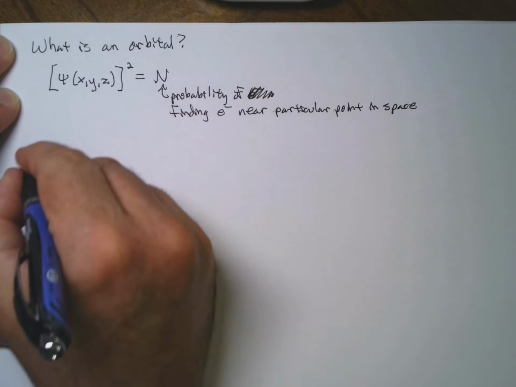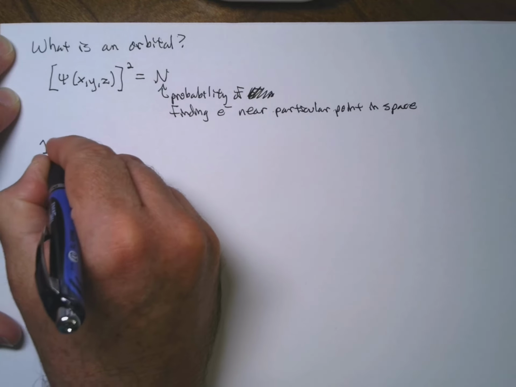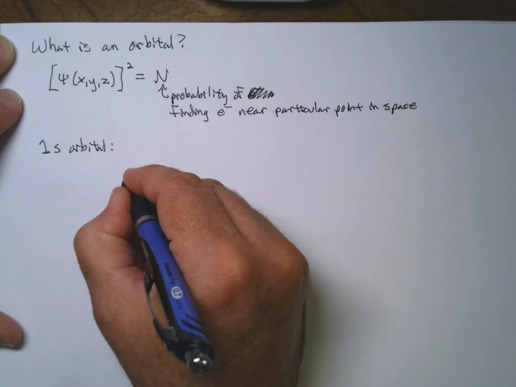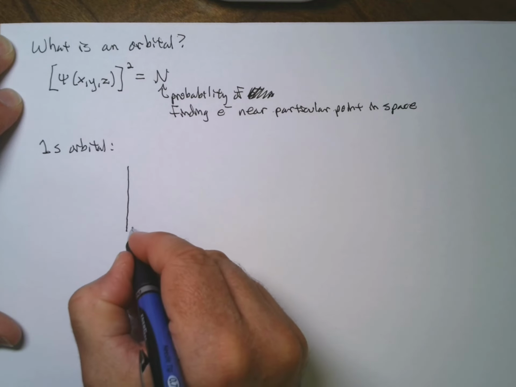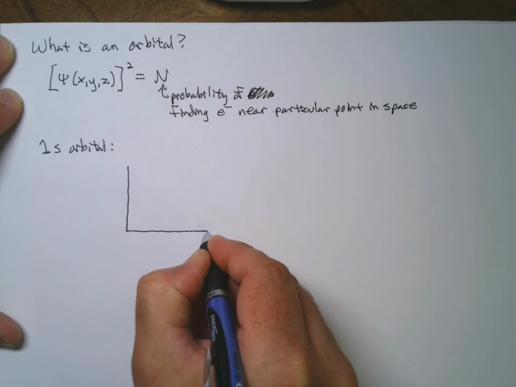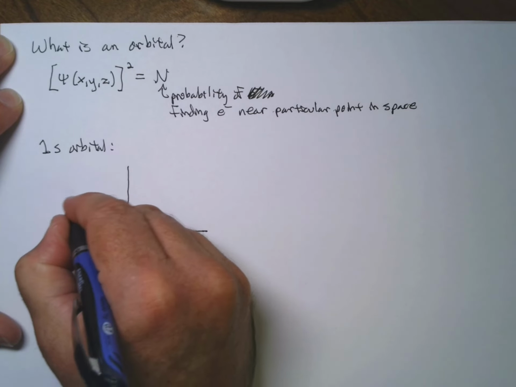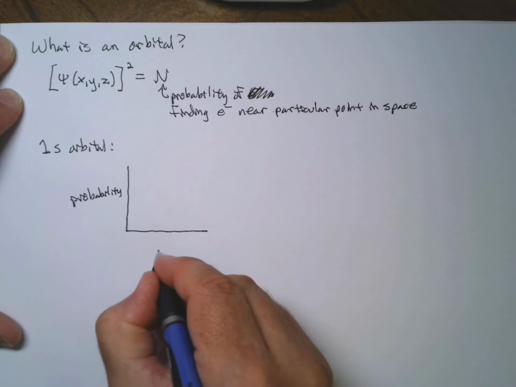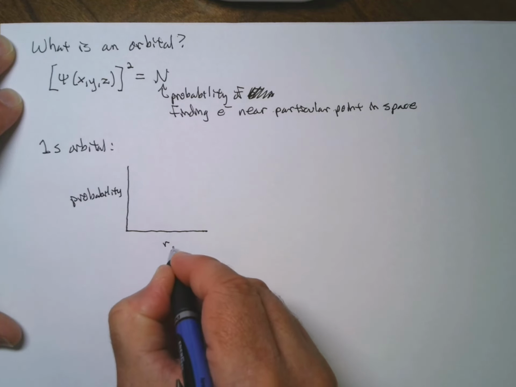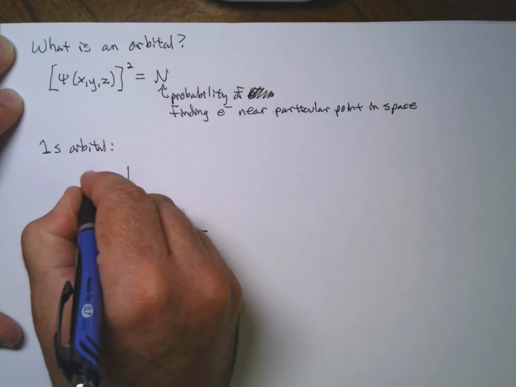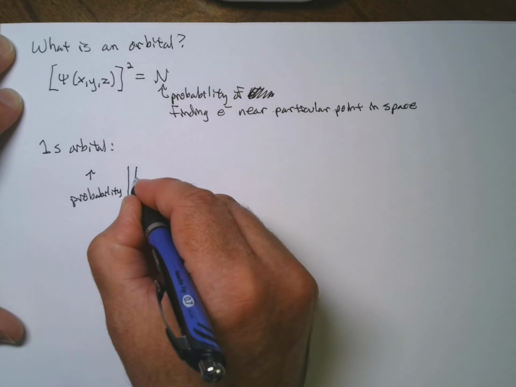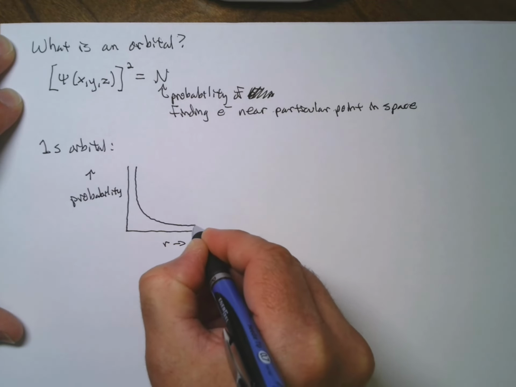And so for the 1s orbital, if we have our probability and then we have our distance from the nucleus on the x-axis, we see that what we get is a decreasing probability.